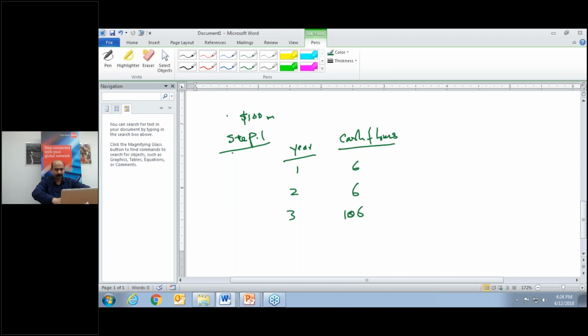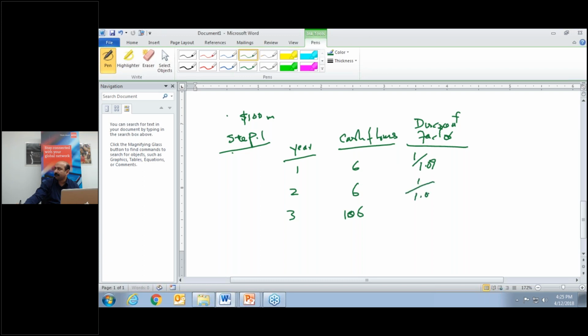Okay, 106 in the last year, and our discount factor will be based on the effective interest rate, which as given here is 9%. So 1.09.